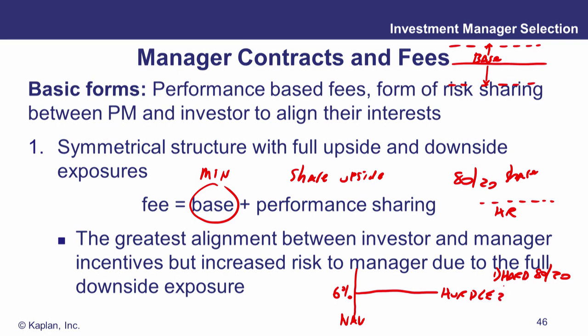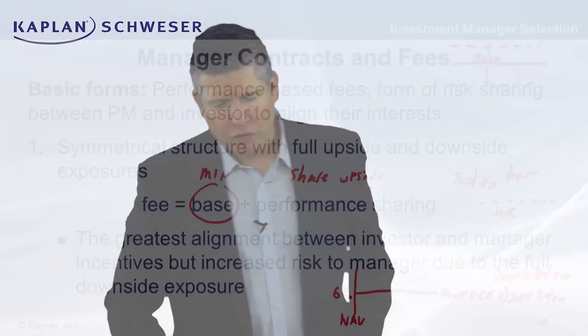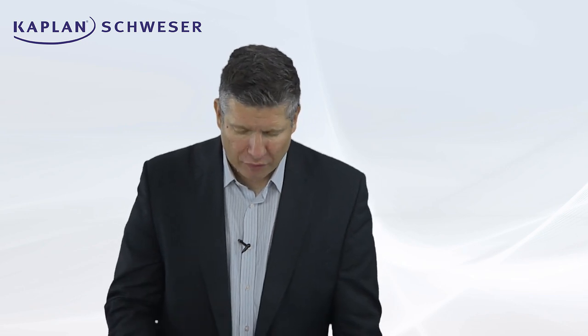But on a soft hurdle return, we would still share 80-20, but on the whole return. So in terms of what's being shared, it might just be the amount above the hurdle return, that's a hard hurdle return, or maybe the whole return is shared as well.